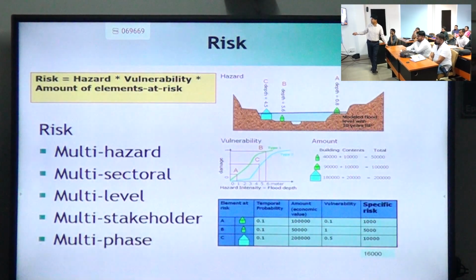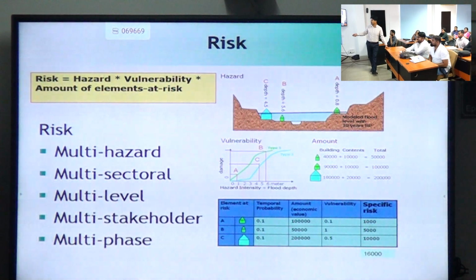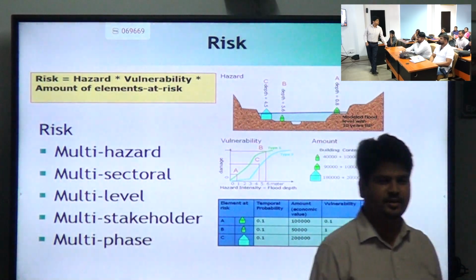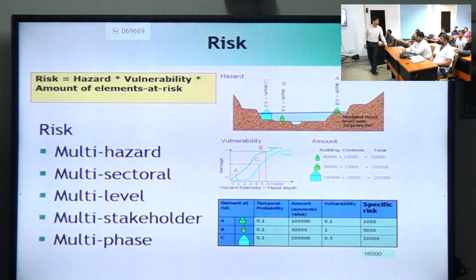So the specific risk would be what? What do you do? Multiply, right? So when you multiply it, it becomes 1,000, 5,000, 10,000. Understand? So that is how we calculate the risk.